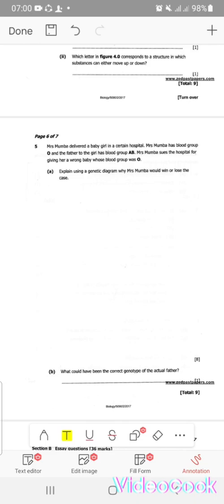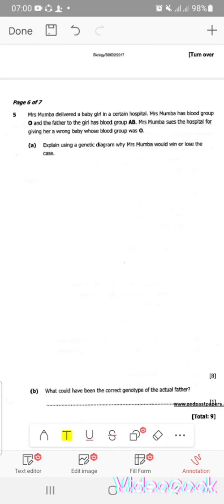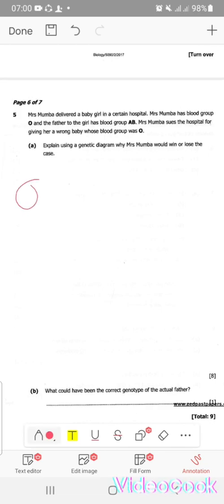Okay, we go next now. We draw the gametes. You have to be careful. That is the blood group for the mother, and that is the blood group for the father. Now you need to start crossing multiply.